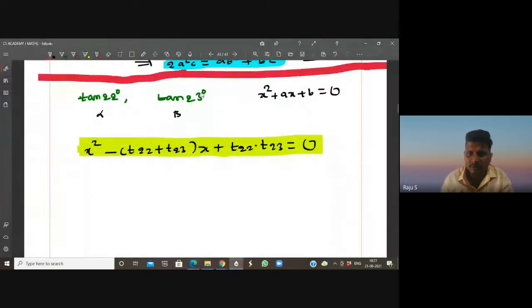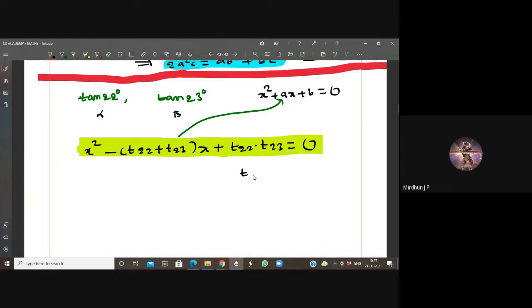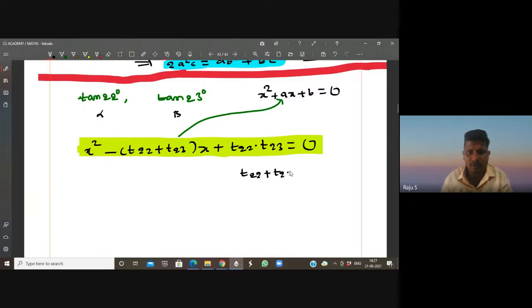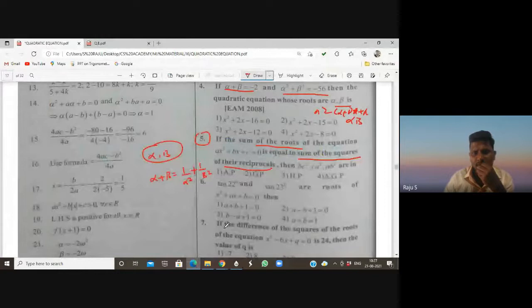Okay, see, Amma. When I compare these two, what is tan 22 plus 23? Tan 45. Tan 22 plus tan 23 is equal to minus a. When I compare both the equations, tan 22 into tan 23 value is b. Okay, but the options they have asked are in terms of a and b, right?